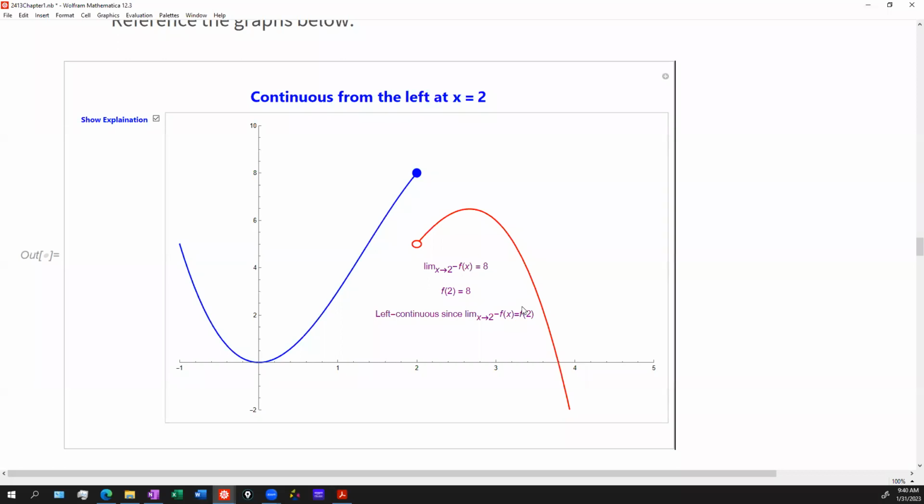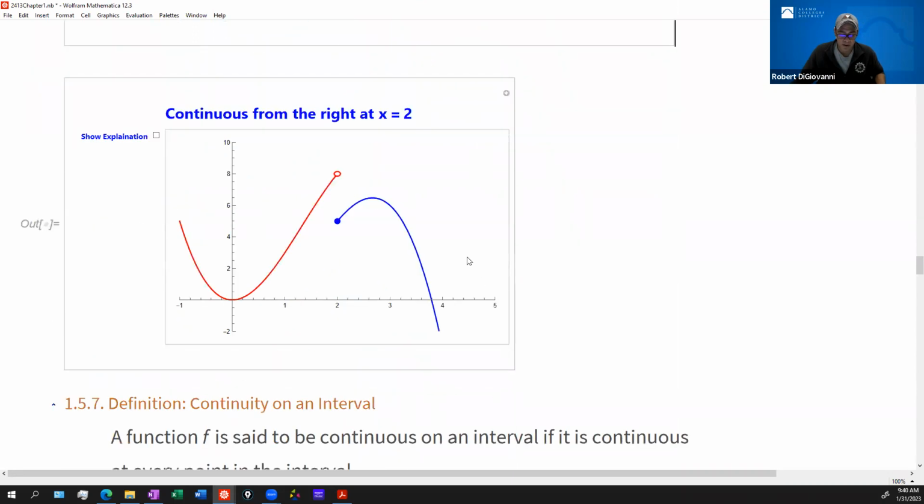There's a jump, right? So when we look at it in terms of continuity, like I just said, continuity at a point is a very strong condition. It's got to be from both sides. So even though this is continuous from the left at 2, it is not continuous at 2 because you've got the jump.